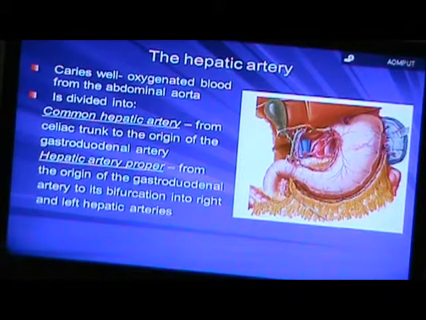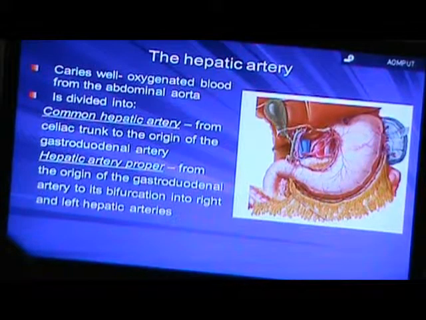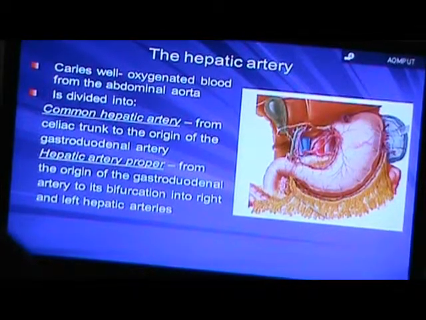The hepatic artery carries well-oxygenated blood from the abdominal aorta. The hepatic artery is divided into the common hepatic artery, from the celiac trunk to the origin of the gastroduodenal artery, and the hepatic artery proper, from the origin of the gastroduodenal artery to its bifurcation into the right and left hepatic arteries.